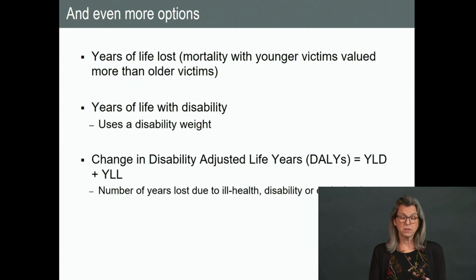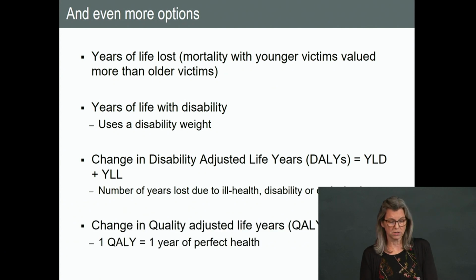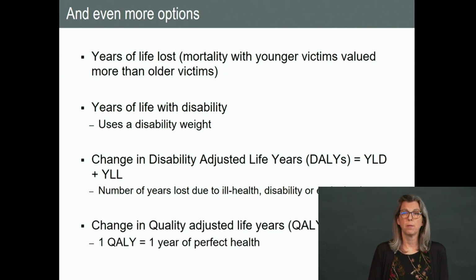You could also talk about disability-adjusted life years, which is those years of life lost and the years of life with disability added together. So you might look at that as a composite measure. And finally, you might look at quality-adjusted life years, which is another way to kind of express the overall impact of the burden of this potential contamination.